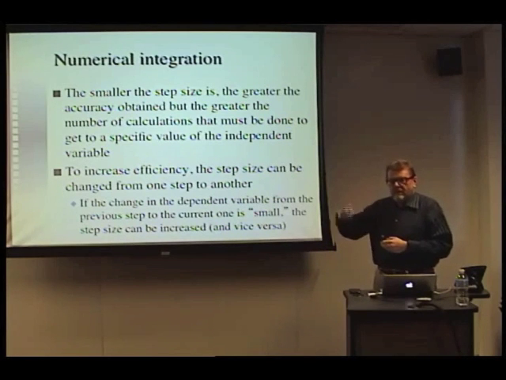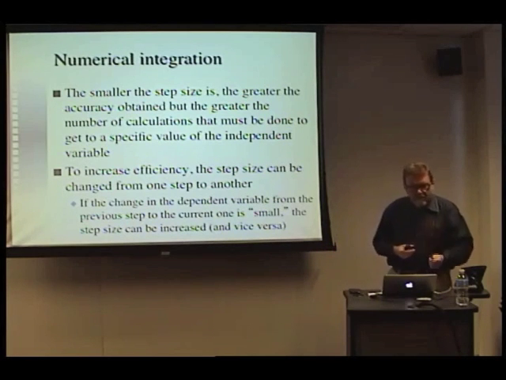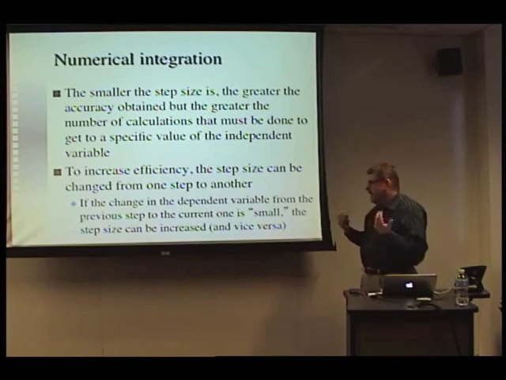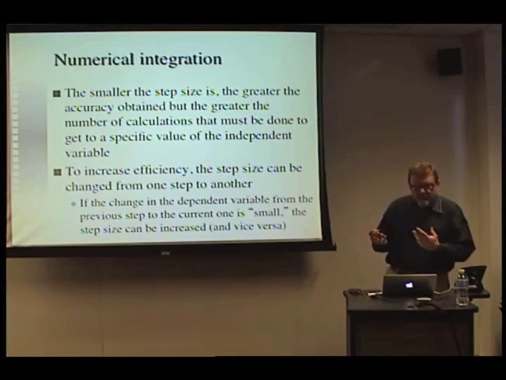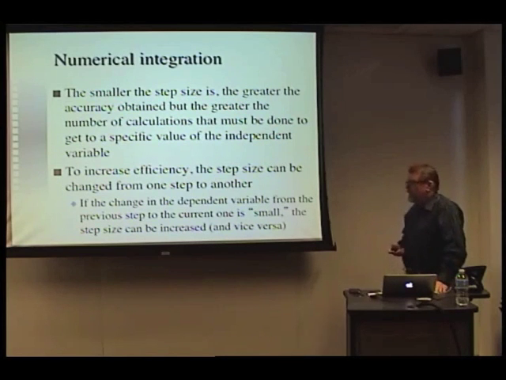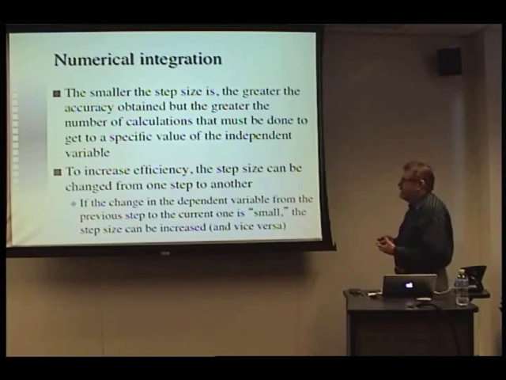That's going to be a lot of iterations, a lot of computing if we use a very, very small value. So that's going to introduce a trade-off between the size of the step, the number of steps we have to take, and the accuracy of the result that we get. We'll talk more about that in a minute.